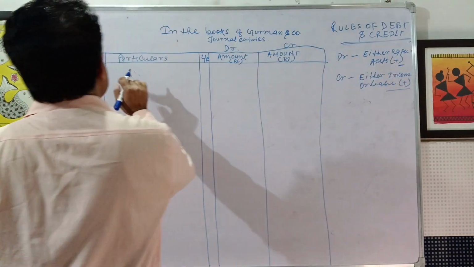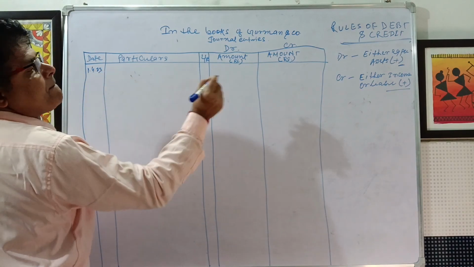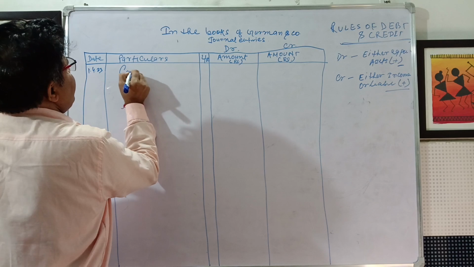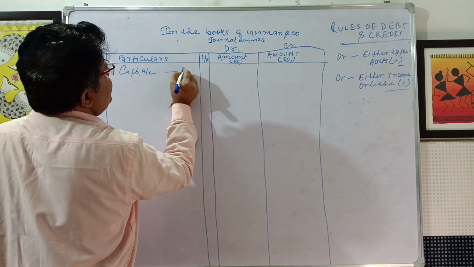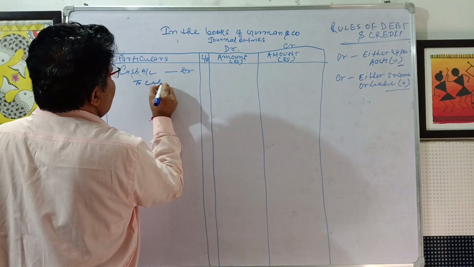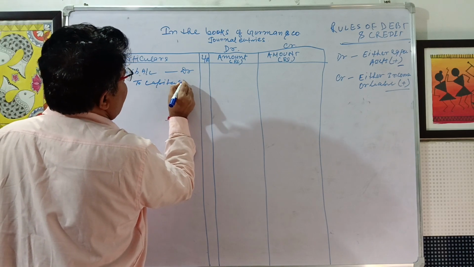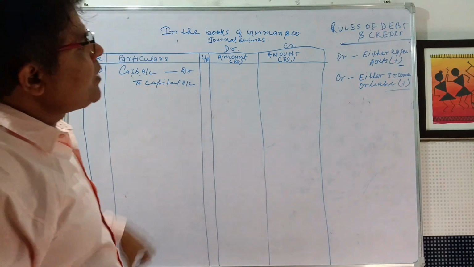Suppose 1st April 23, cash account debit to capital account. Why?